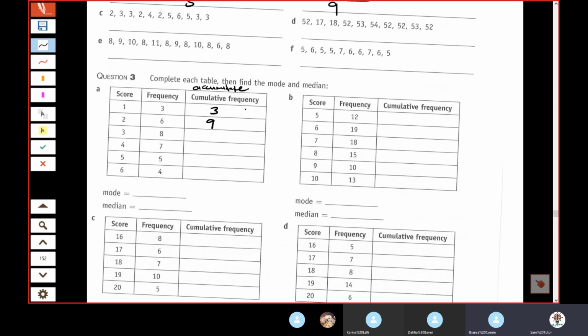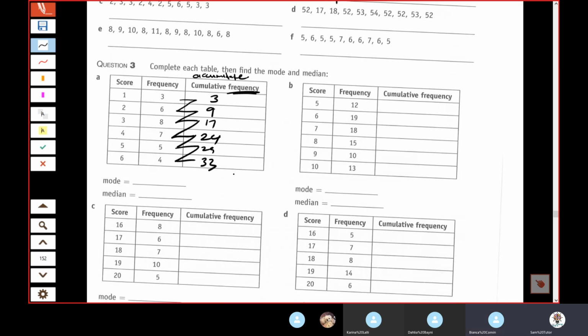You add the frequency to each. Cumulative is just another way of saying accumulate. If you're accumulating something, you're adding or collecting. So the first number is 3 for your frequencies, and then you just go 3 plus 6, 9 plus 8, 17 plus 7, 24 plus 5, 29 plus 4.